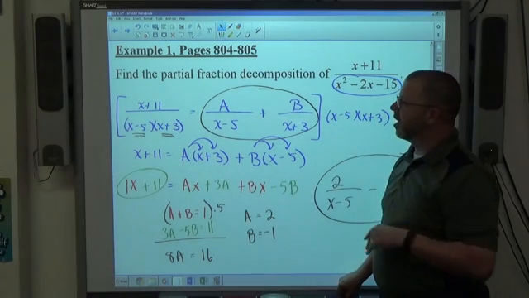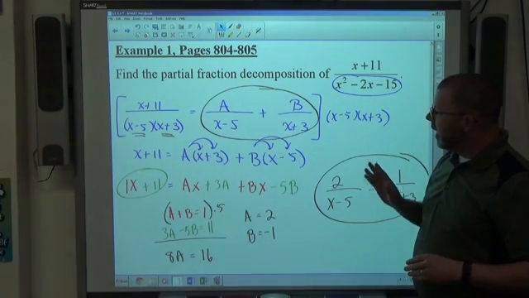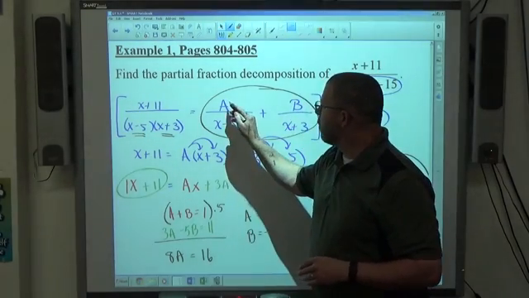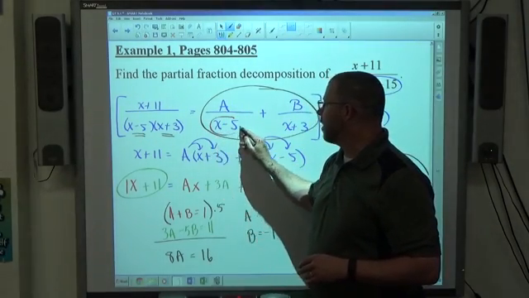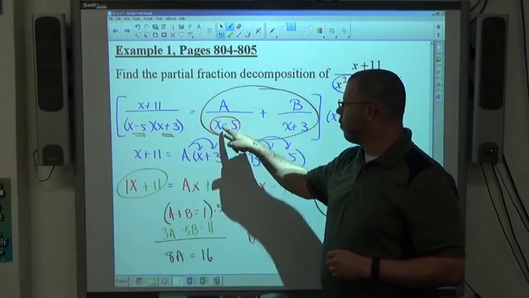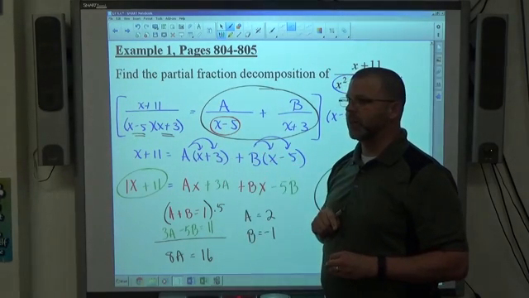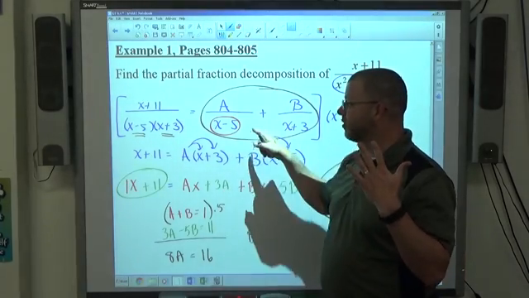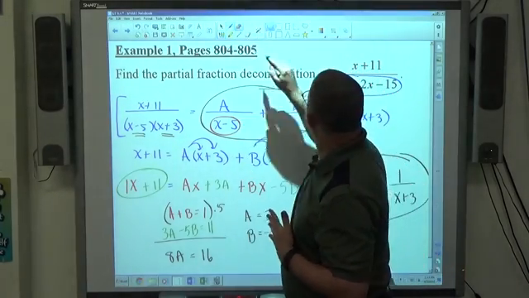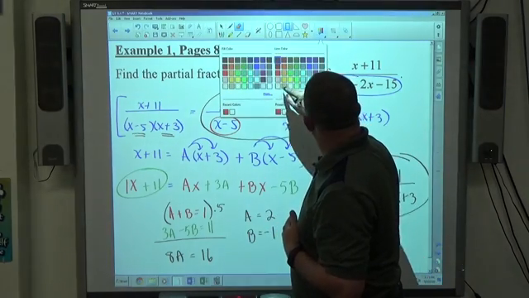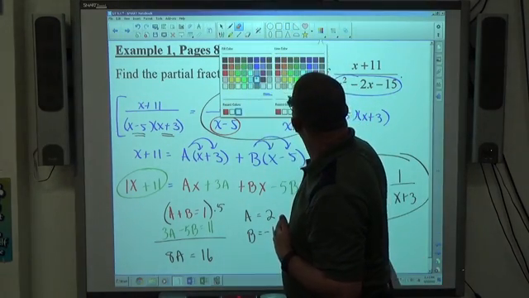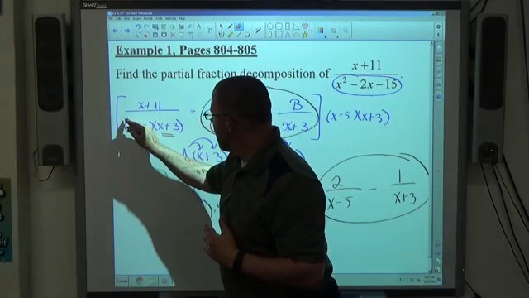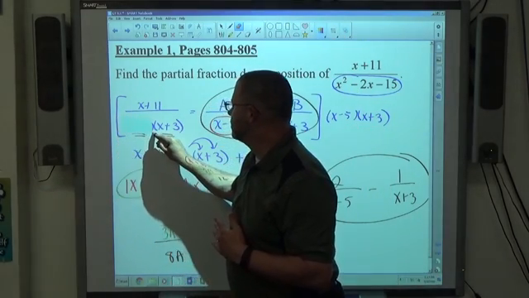Here's what I'm going to look at. This is a problem from yesterday, example 1. The way the cover-up method works is this. If I want to find out what a equals, I look at what's underneath a, which is x minus 5, and I ask myself the question, what makes x minus 5 equal to 0? And what's the answer? 5, right? 5 minus 5 is 0. Then I'm going to cover up that factor over here in the problem.